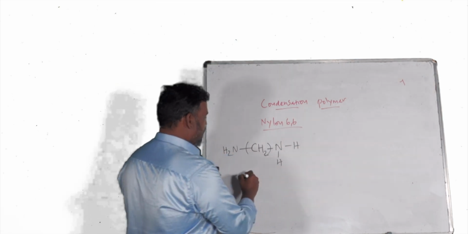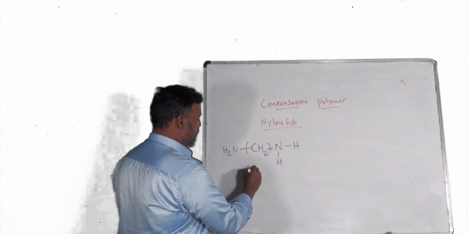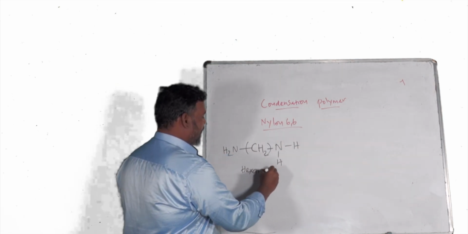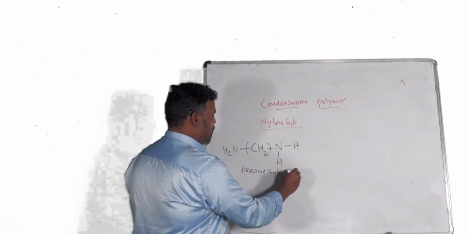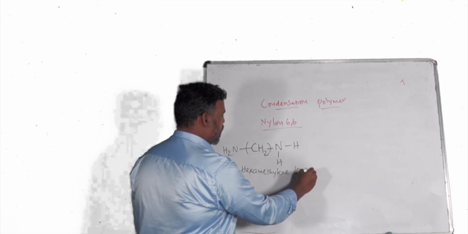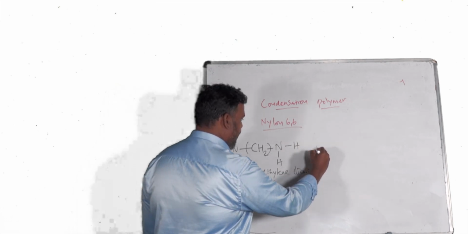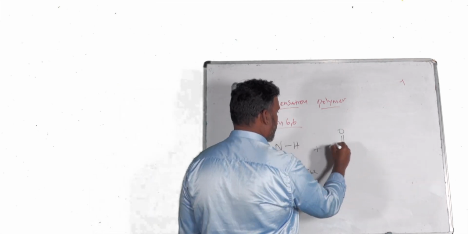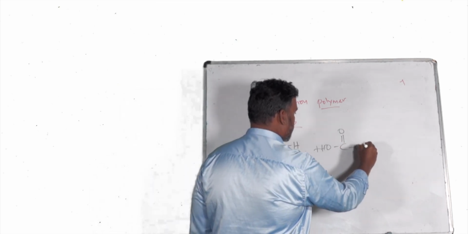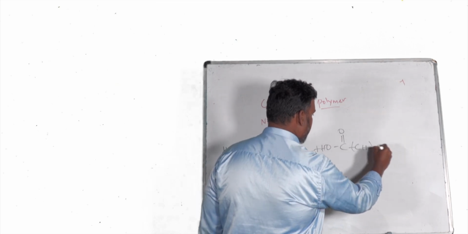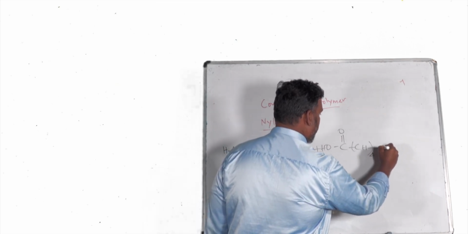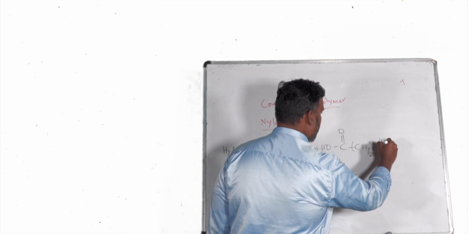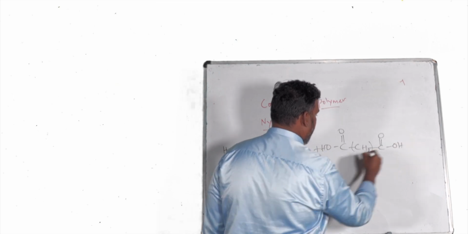So this is called hexamethylene diamine, reacting with adipic acid. So I'm going to draw the adipic acid structure for you. So this is adipic acid. Adipic acid has 4 methylene groups in the middle.